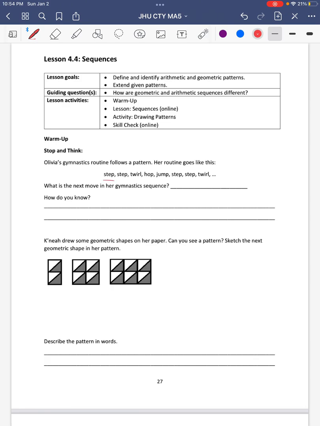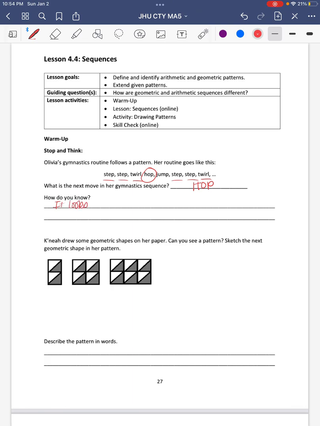So we have step, step here, step, step there. Then it goes into twirl. So I know the next one is probably going to be a hop. How do I know? Because it looks like this is our sequence.